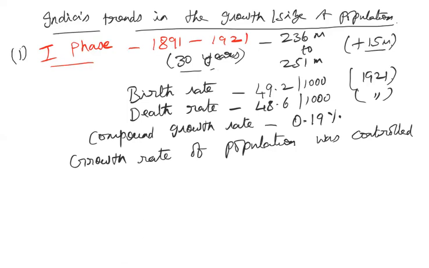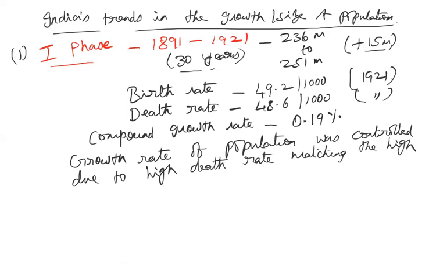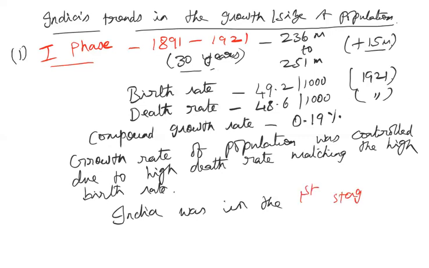So clearly, due to the high death rate matching the high birth rate, during this phase between 1891 and 1921, India was in the first stage of demographic transition.